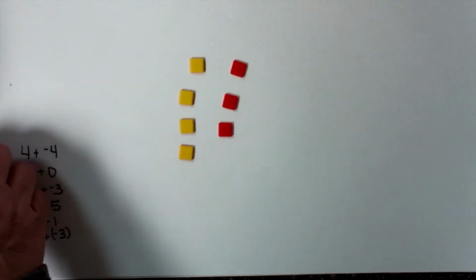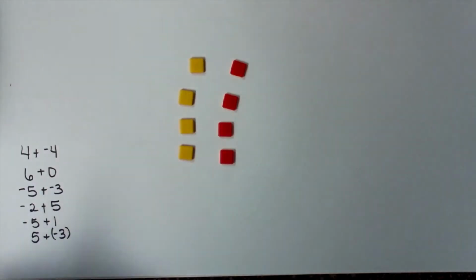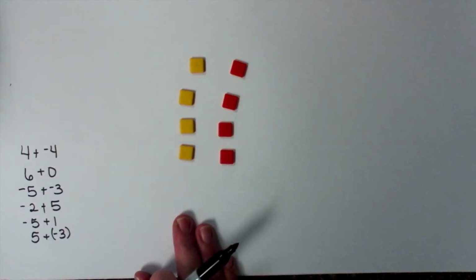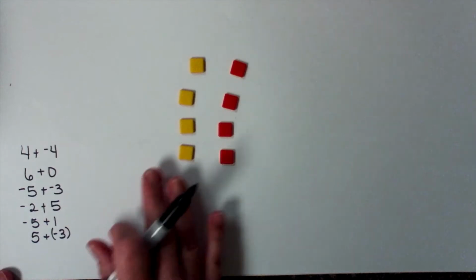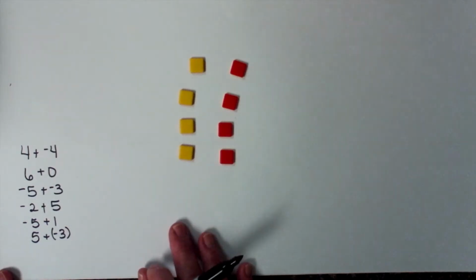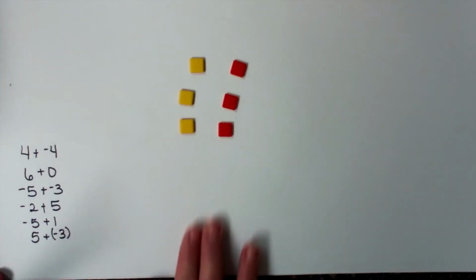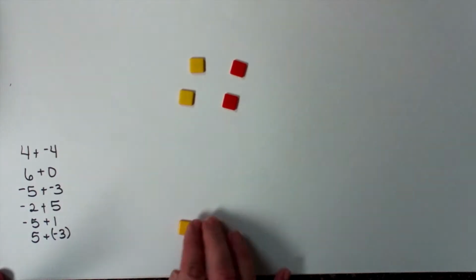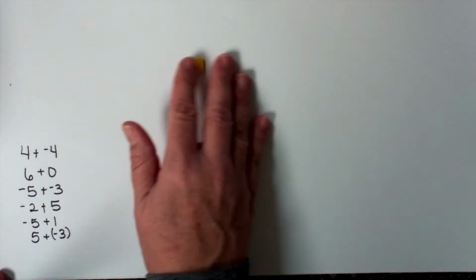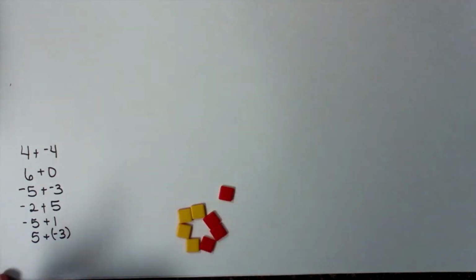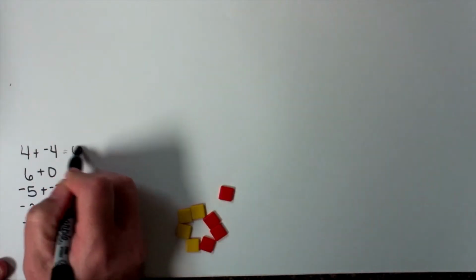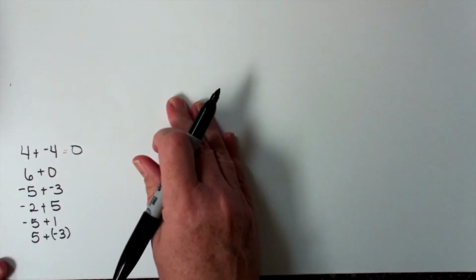So here's my zero pair. Now that I've done this, can I zero out any? Of course I can. There's 1 zero pair, 2 zero pairs, 3 zero pairs, 4 zero pairs. So with addition, if I can zero pair them out, I have none left.